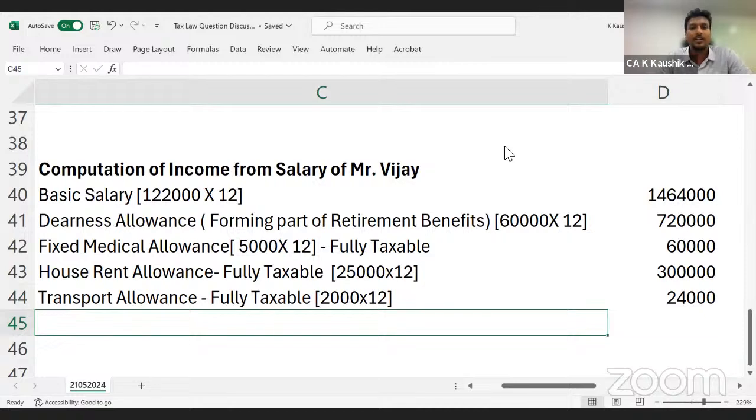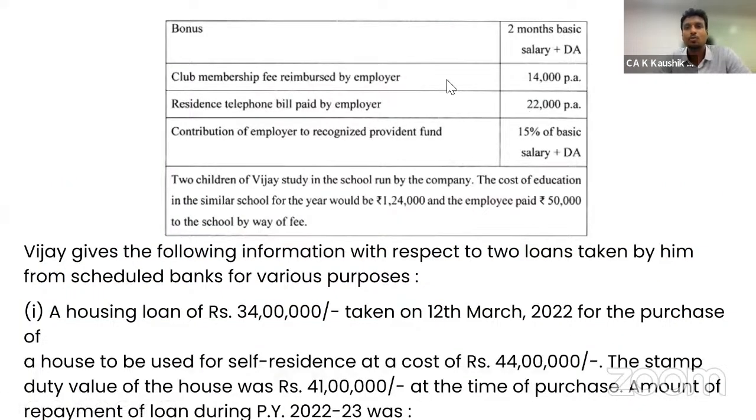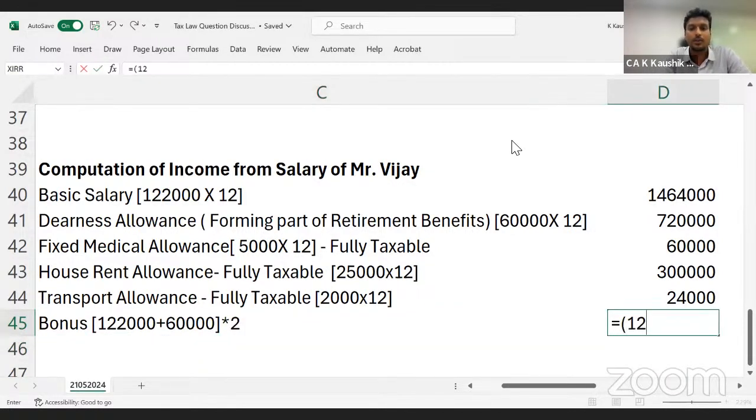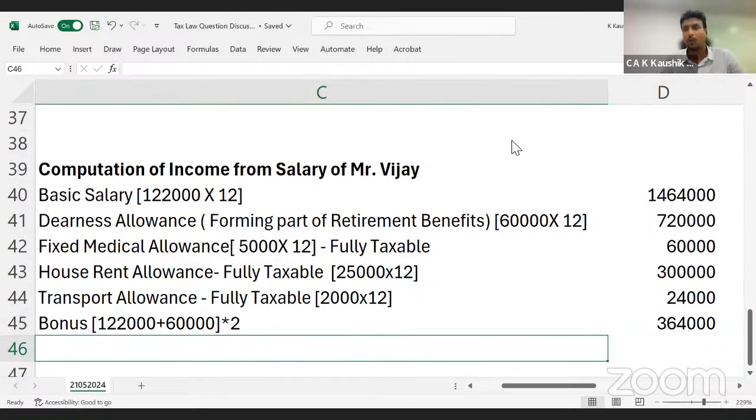The next component that we have is bonus, 2 months basic salary plus DA. So how do we calculate? Here is the quick thing you need to remember: 1,22,000 plus 60,000 is the per month basic plus DA, into 2. So you need to calculate 1,22,000 plus 60,000 into 2. That will become 3,64,000.